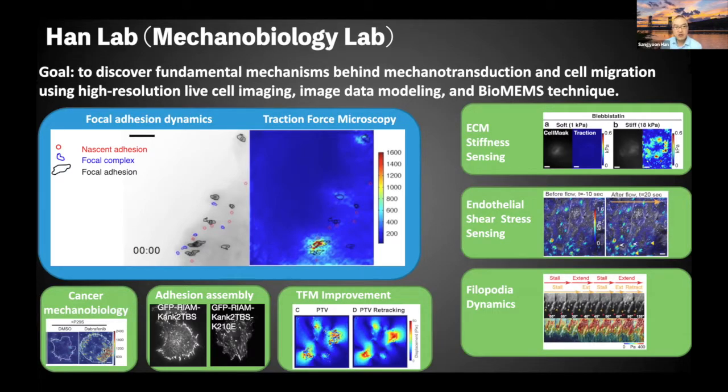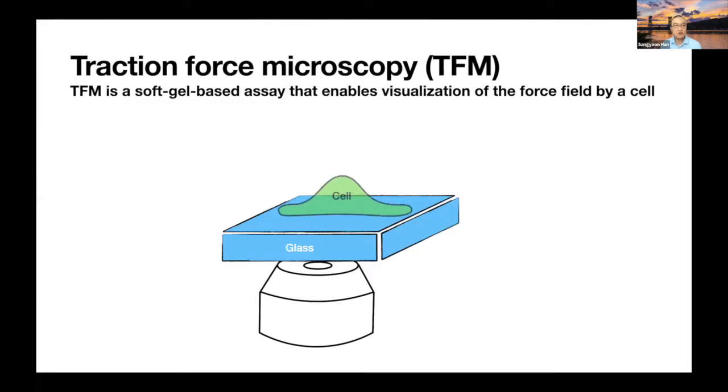So today we're going to focus on this TFM improvement, because this is the seminar series for the Center for Biocomputing and Digital Health. So what is traction force microscopy? TFM is a soft-gel-based assay that we use to visualize the force field by a cell.